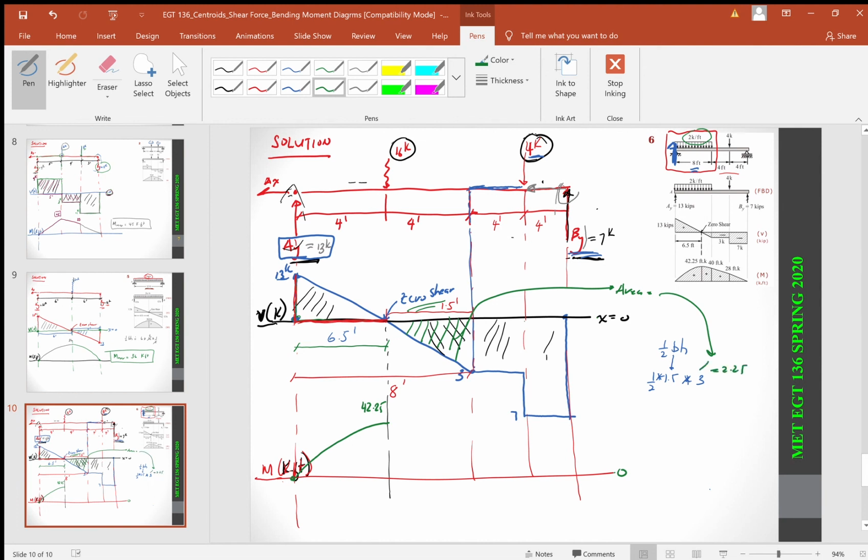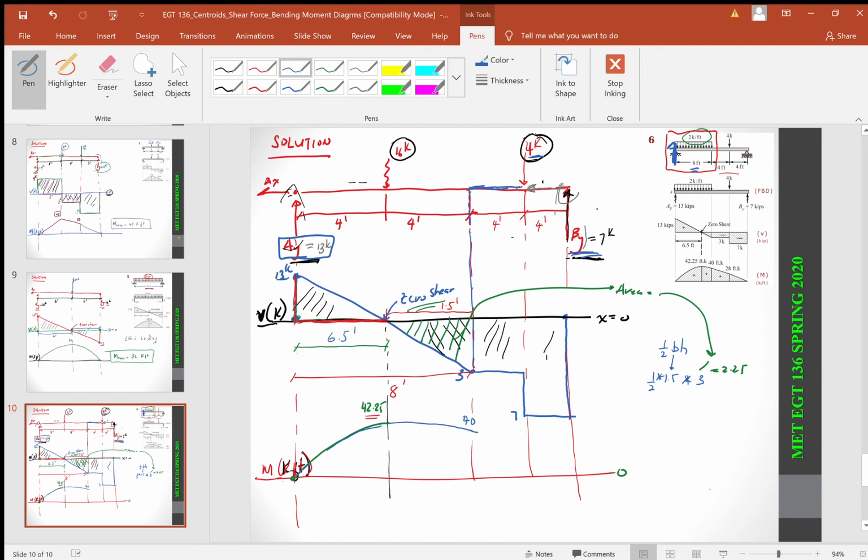But you have to subtract it from the 42.25. 42.25 minus 2.25 brings us to 40. Since it's a triangle, it's an arc formation. At this point, this is going to be 40.